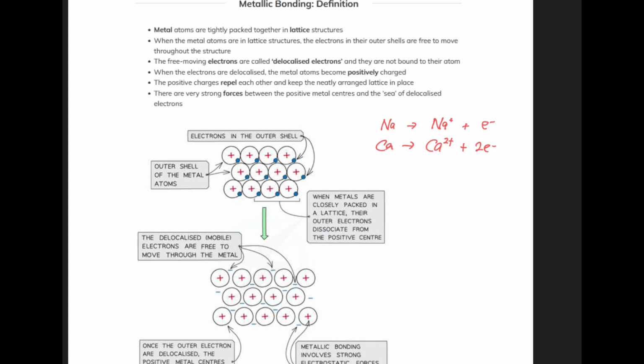Now you can see here, when metals are closely packed in a lattice, their outer electrons dissociate from the positive center, so something like this, delocalized. Initially, this picture showed the electrons still at the outer shells. It's not delocalized yet. When they are delocalized, they are no more at the shells. They are free to move any way they like.